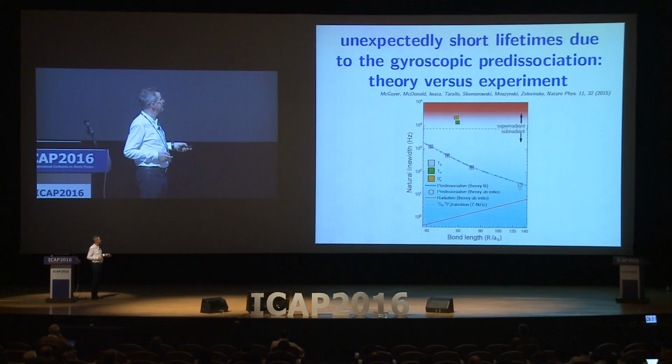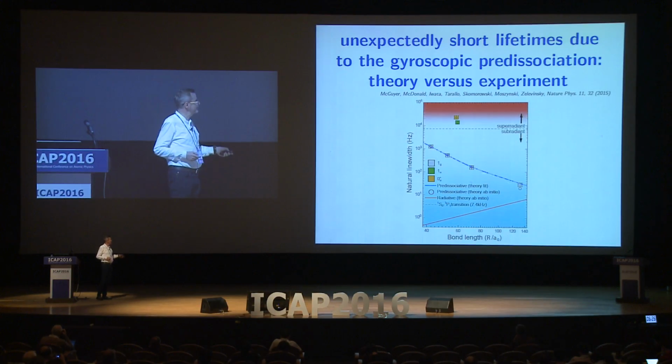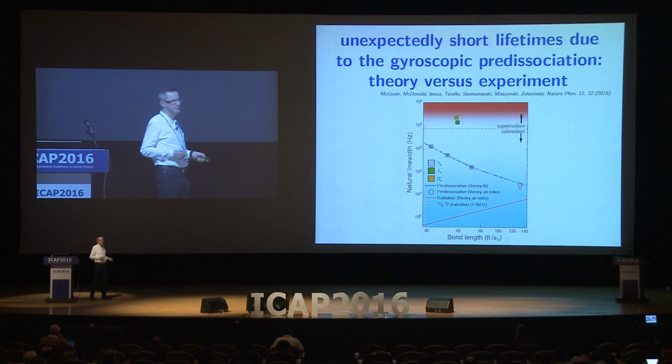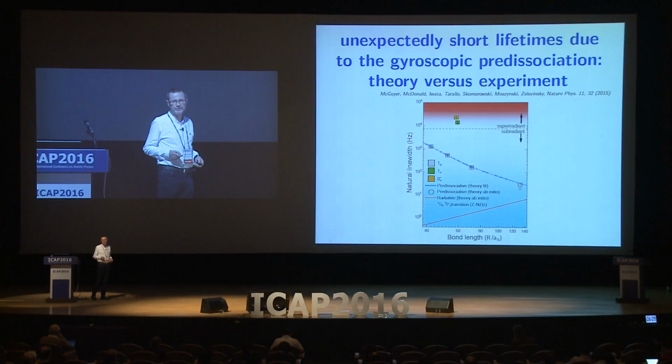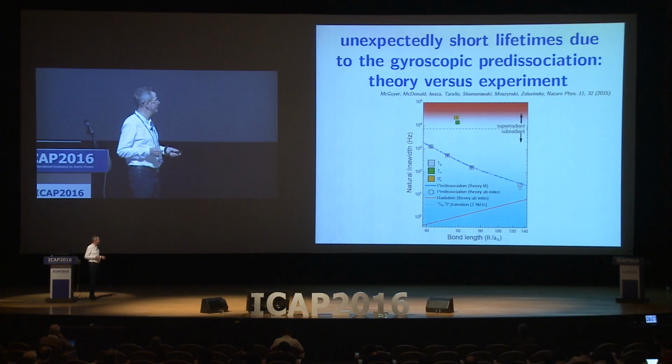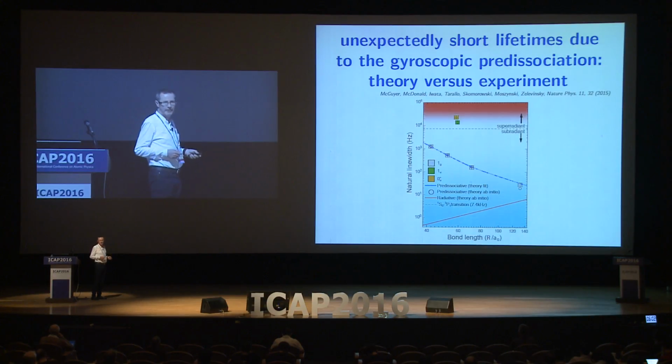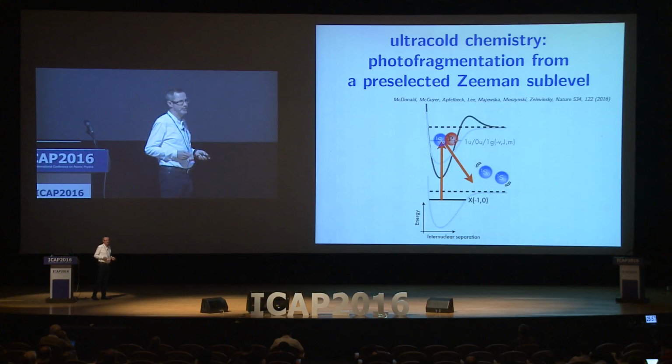And actually, if we include this coupling mechanism, you see that we get a perfect agreement between theory and experiment. So this is the radiative lifetime. You see that it's quite long, and this is including the predissociation mechanism due to the coupling between two electronic states. And this is how theory could explain all the experimental findings of the experiment.